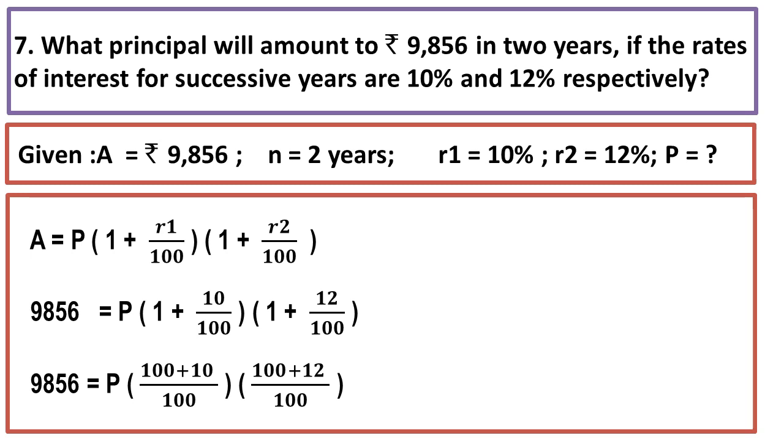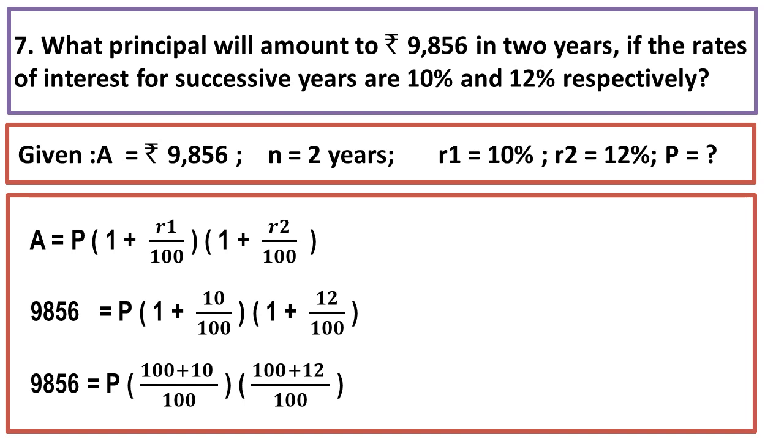In the place of A, that is amount, substitute rupees 9,856 and in the place of R1, that is rate of interest for first year, substitute 10. In the place of R2, rate of interest for second year, substitute 12. In the further step, take the LCM of 100 in both the places and add the numerator.